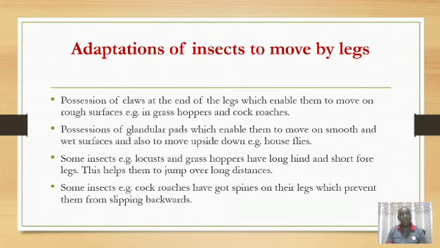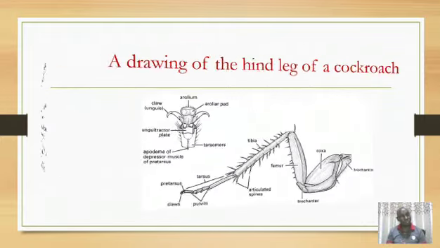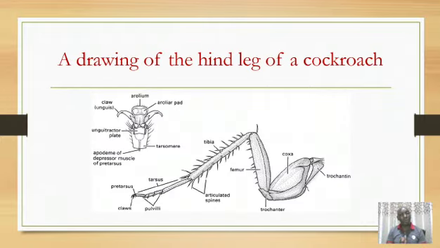In summary, what are the adaptations of insects to move by legs? We've talked about the claws. Which claws are a pair? They are pointed, they are sharp. They enable them to move on rough surfaces. They have the glandular pads or the aroleum in between the claws for movement on smooth surfaces.